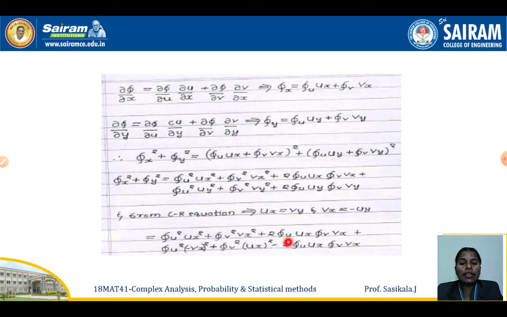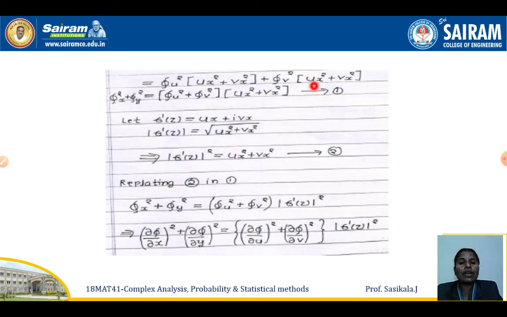So this term will be similar to the previous problem. Now in this, ux squared plus vx squared is common, I can take it out, and I will get 5u squared plus 5v squared into ux squared plus vx squared.